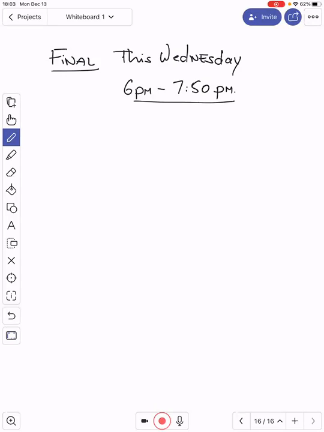So I'm going to make some comments about the most common mistakes in the second test. As you know, the final is just a combination of the second test and the first. So if you did really well in the second test, you can probably answer more than half of the questions in the final.